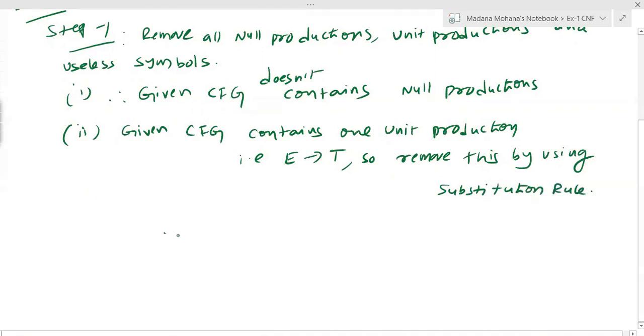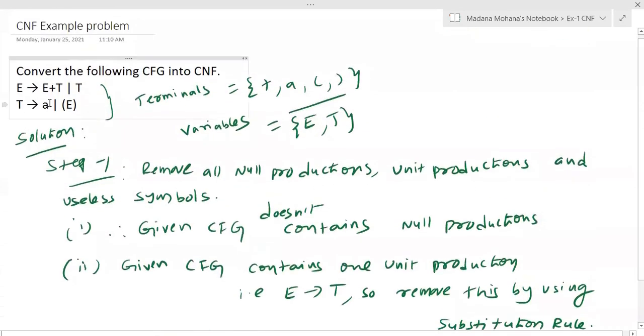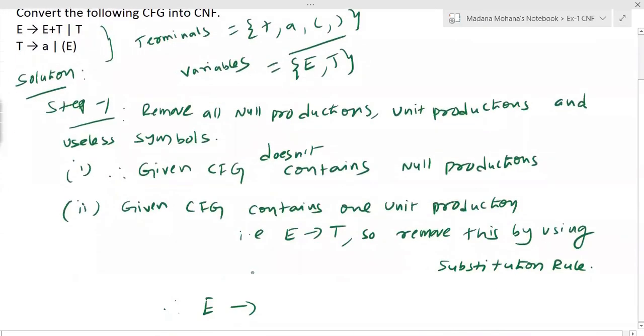Therefore, E derives: now, what is T? Substitute all the T productions. T derives a or E within parentheses. So this is the resultant production of E derives T after removing the unit production.